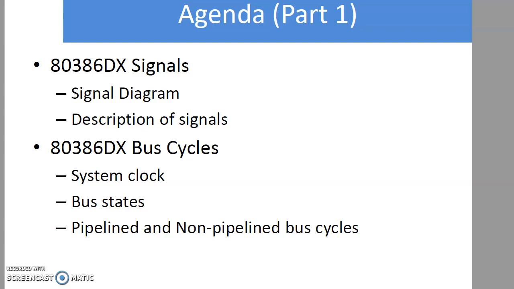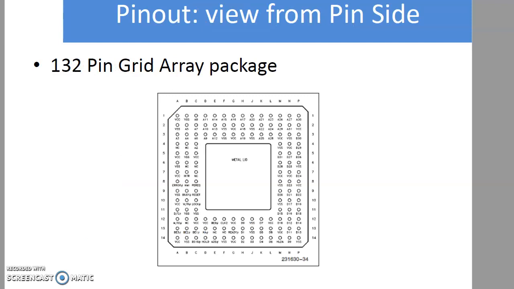So as you know, 80386DX is having various signals that we had discussed in the previous session. We're going to further look at those signals in detail. So these are the various pins of 80386DX. It is having a 132 pin grid array package.